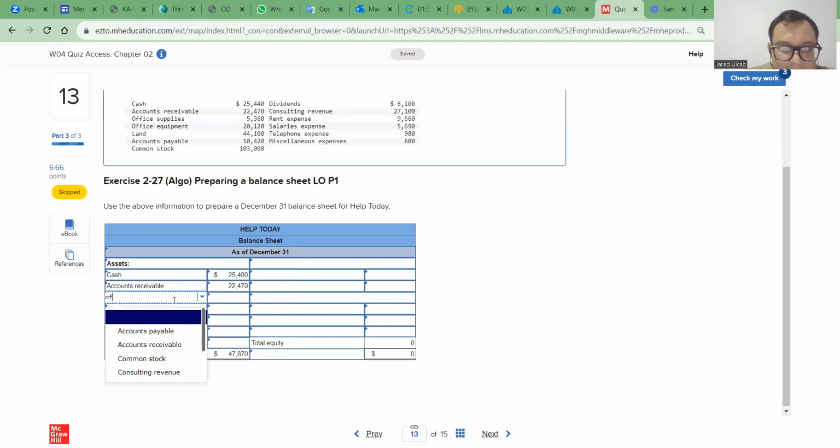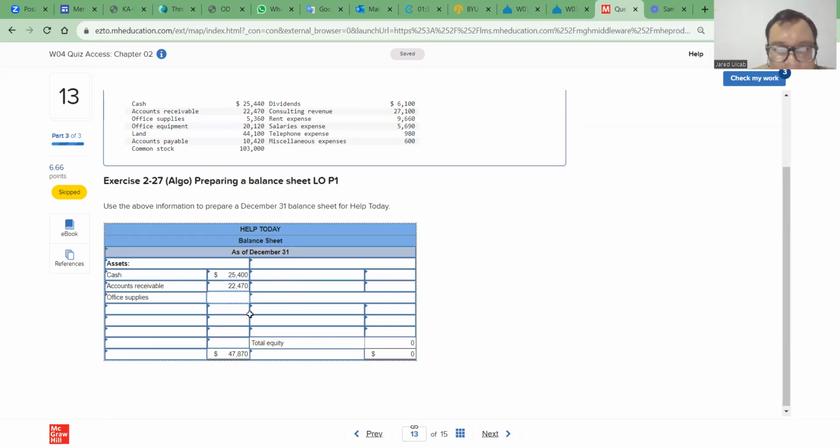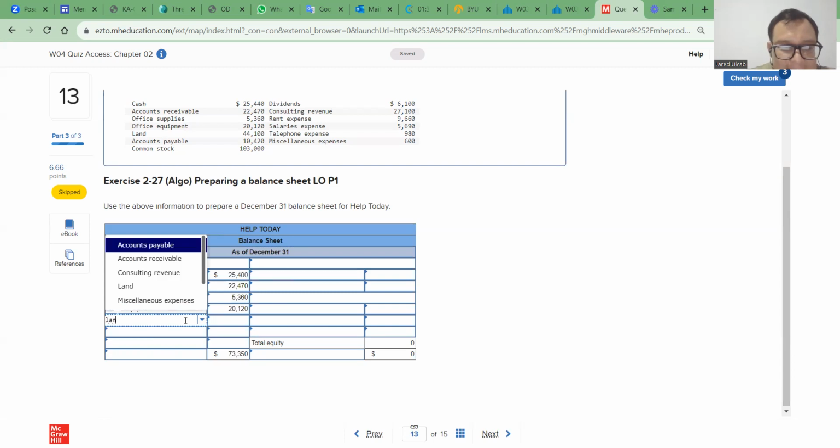Office supplies, 5,360. Office equipment for 20,120. Land is an asset too.